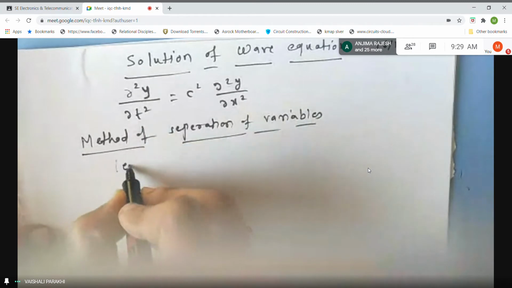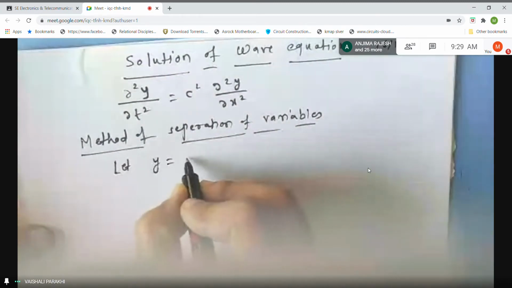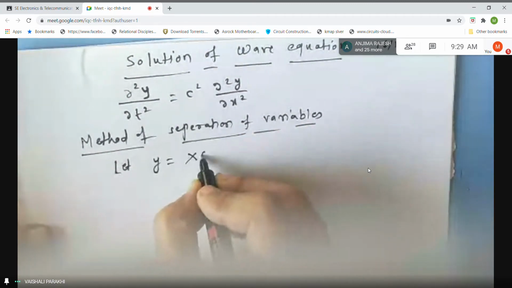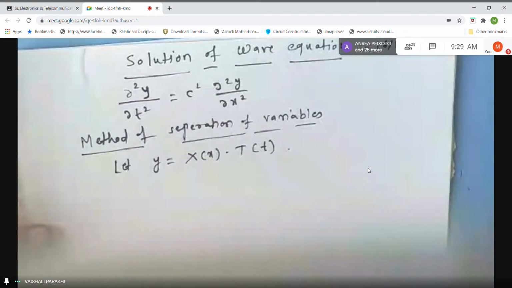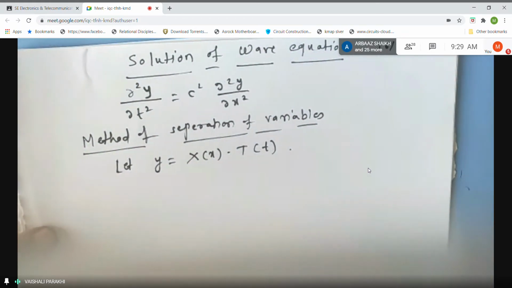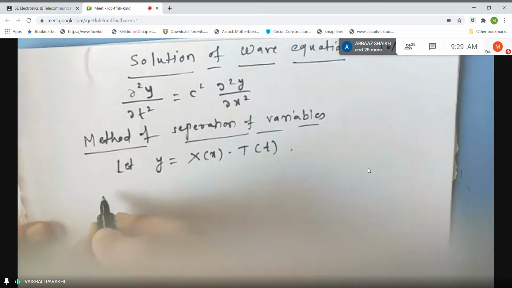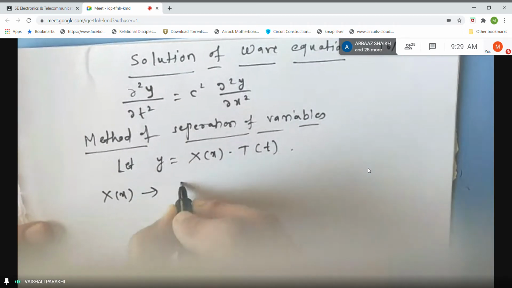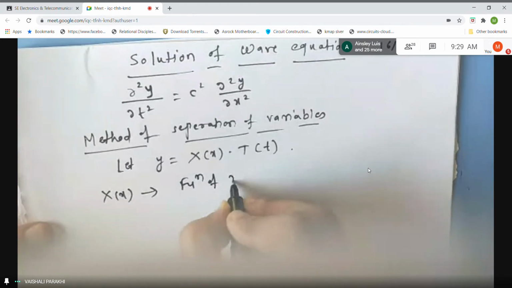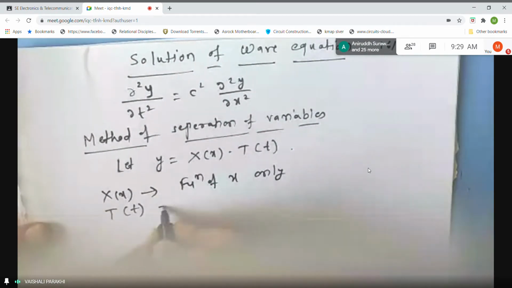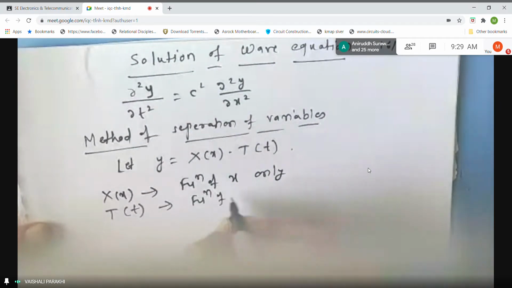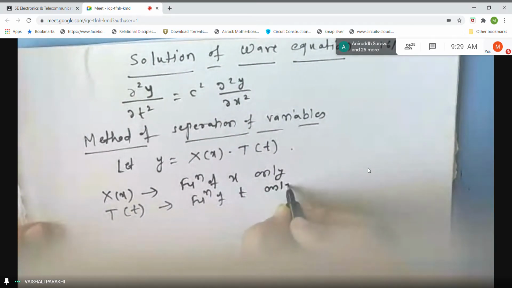Let y be X into T. Okay. What does it mean, students? This capital X of x means it is a function of x only. And capital T of small t means that it is a function of small t only.